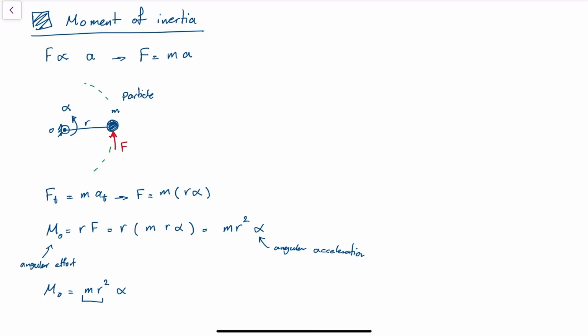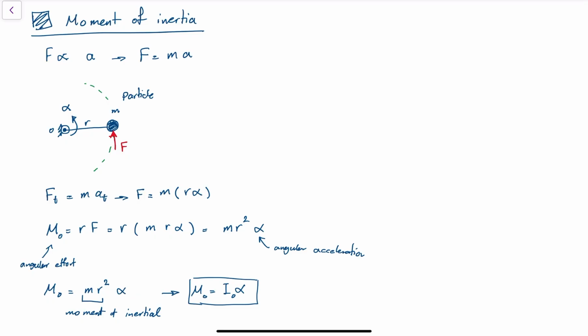And this constant is what we call moment of inertia, and we usually use the letter I for it. So moment equals I alpha. Let's call it I_O.